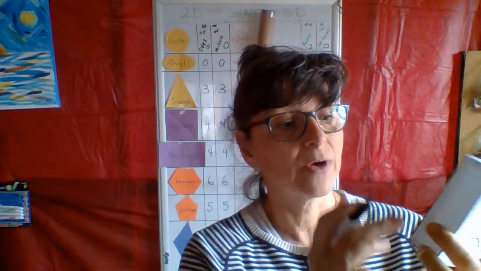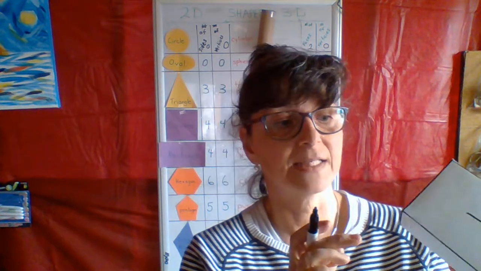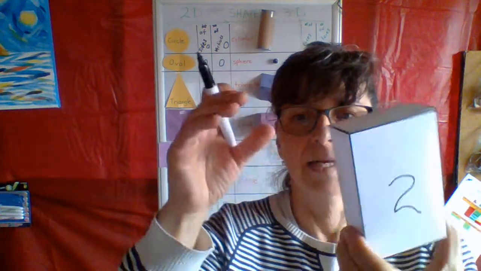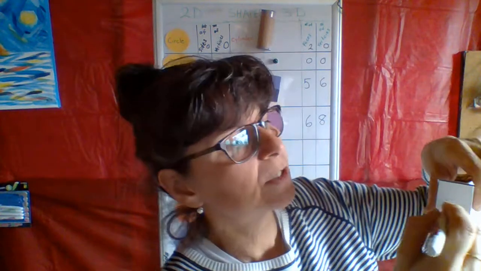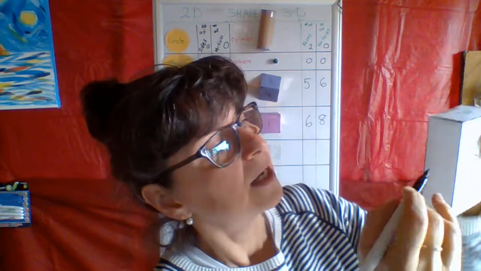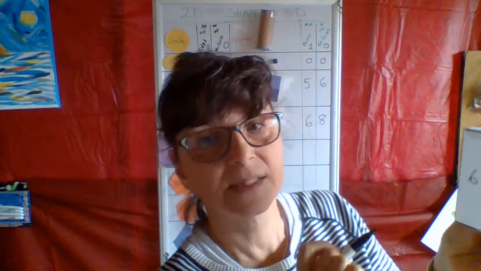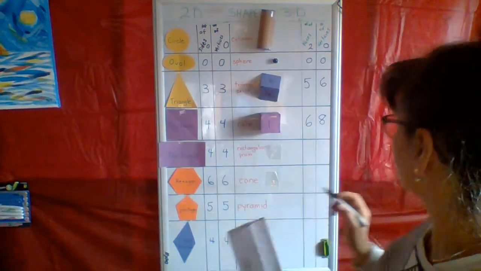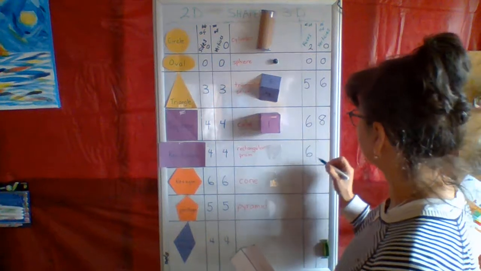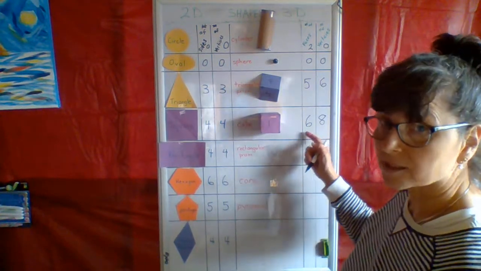Now I'm going to start going around on the skinny faces. So I'm going to start here. So we did number 1, number 2. We'll go up here to number 3, 4, 5, 6. So we have 6 faces. Let's write that down before we forget. 6 faces. Oh, just like the square.